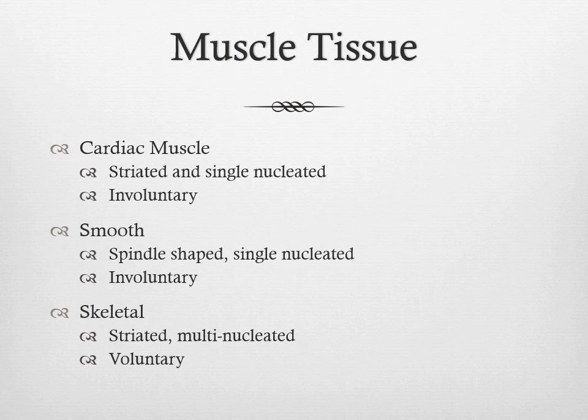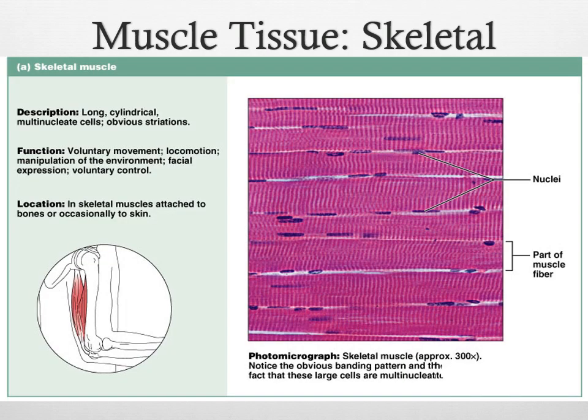So cardiac muscle and smooth muscle both have involuntary in common with one another, but then cardiac muscle and skeletal muscle have striations in common. And so we can see a similarity between all of them in the different types of muscles themselves. But most importantly, skeletal muscle is voluntary. We can control when it contracts and when it relaxes.